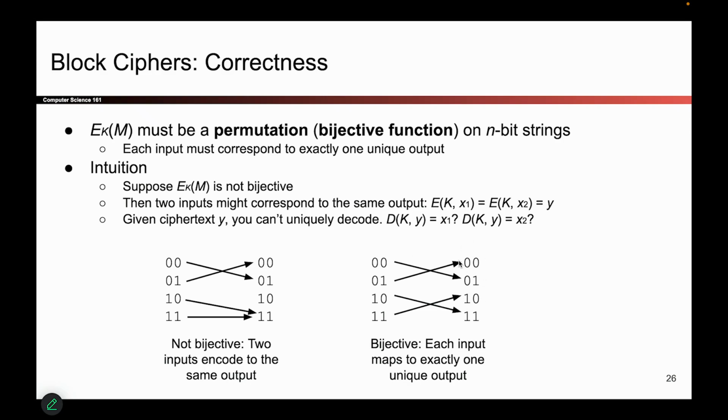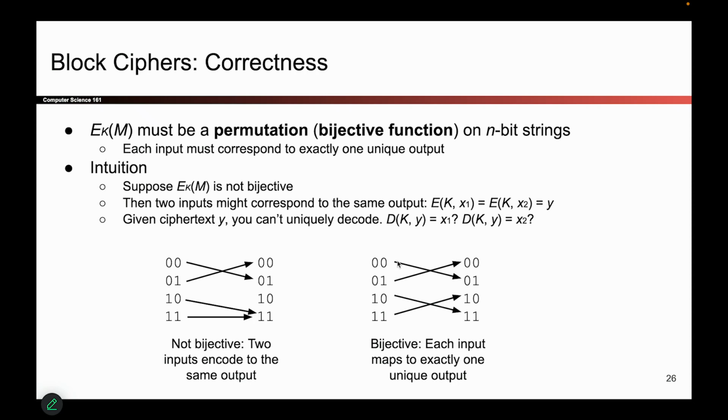As soon as you pick a k, all the other permutations are discarded, and you've committed yourself to using one. And because you've already fixed k, this is a function with one input, the message, and one output, the ciphertext, and the arrows tell you which one is which. That's what a block cipher is. It's a big family of functions, all under the name E. But once you pick a k, it narrows down to one. And the way I draw it is with a bunch of arrows.